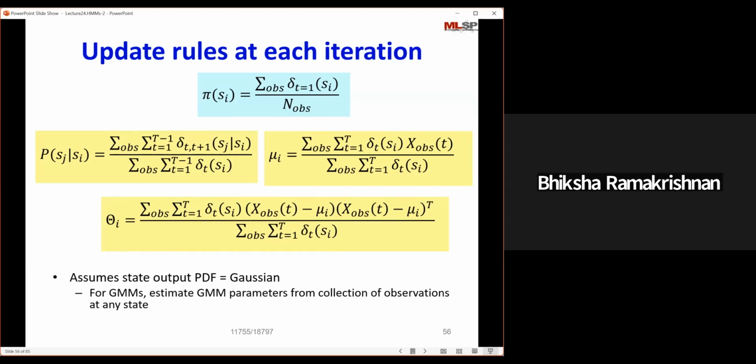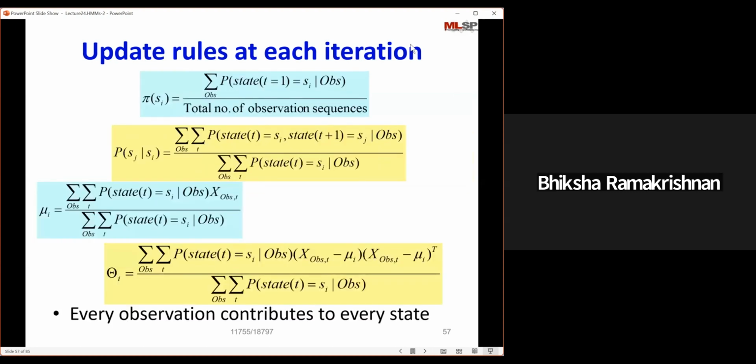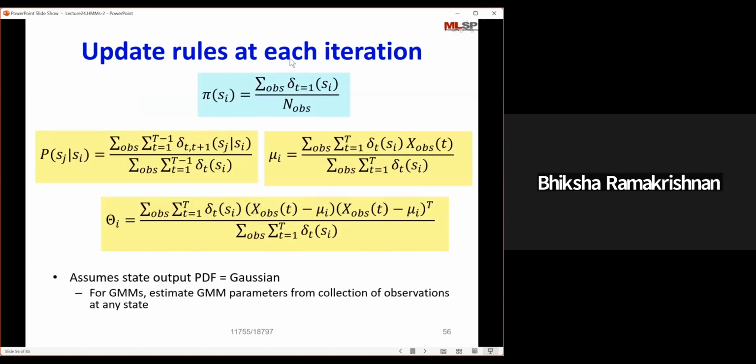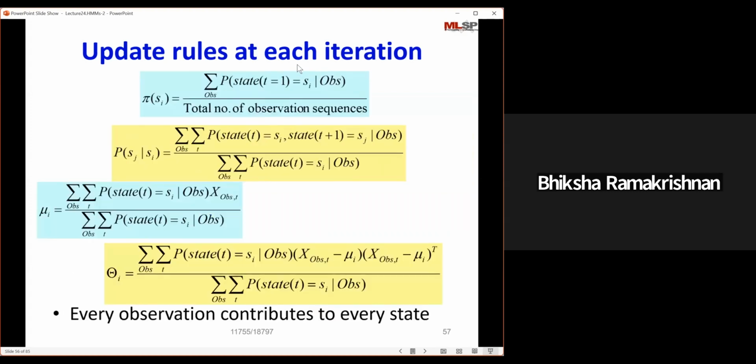But if you want to translate from this to the EM-based solution, there's a very simple trick. You first write your formula in terms of these deltas, and then replace all of these deltas with the posterior probabilities instead. So instead of saying, I'm going to count a 1 if the state at time t is Si, I'll replace that with: what is the probability that the state at time 1 was Si.